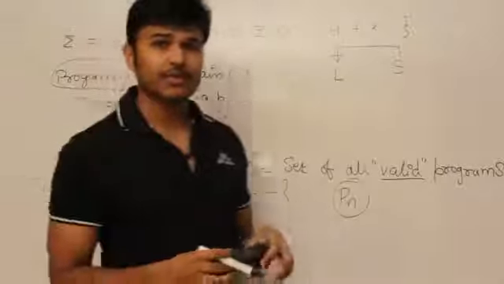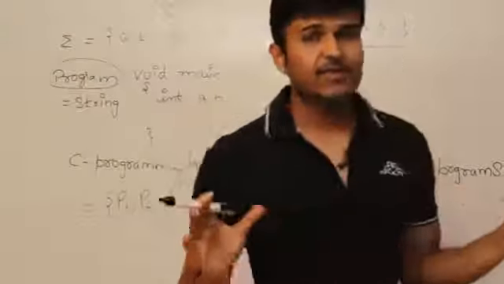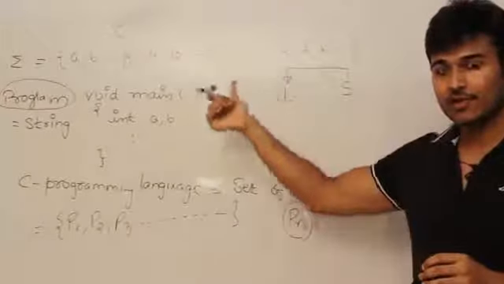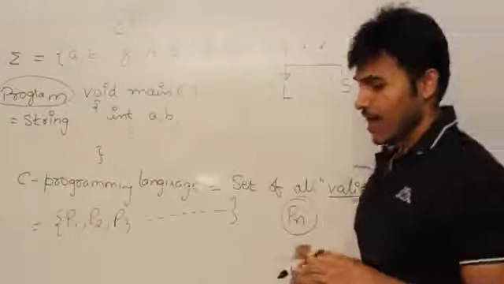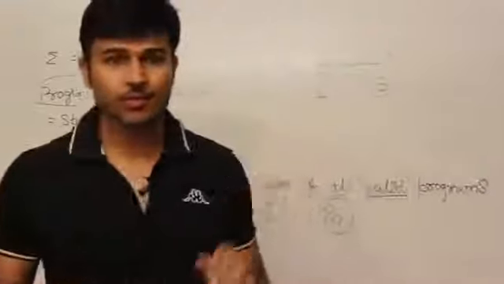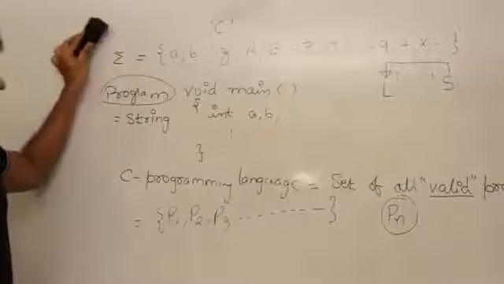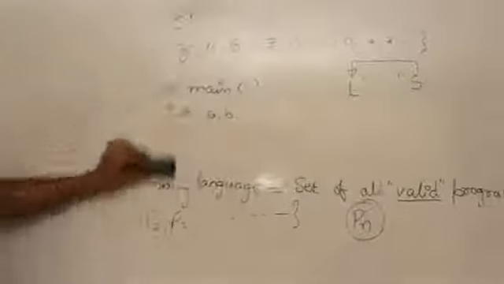But if the language is infinite, obviously we cannot store all the strings in the language on a computer. Therefore, the entire thing boils down to a small point. I am going to erase this. Please make a note of it.